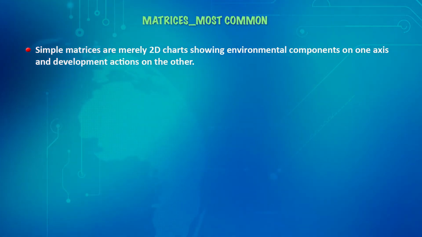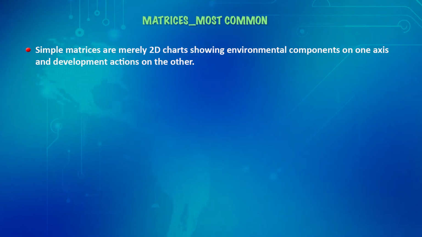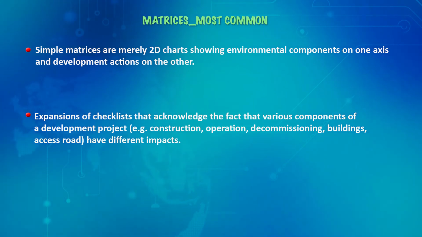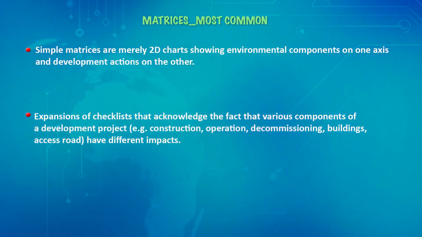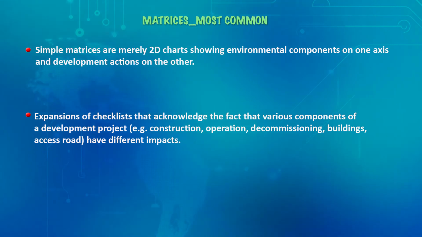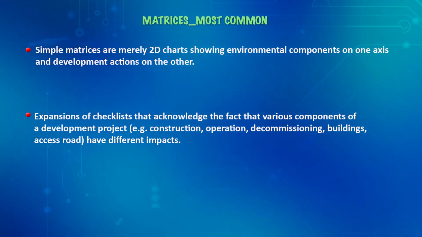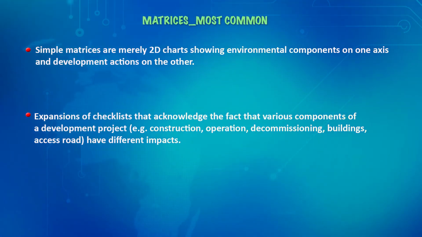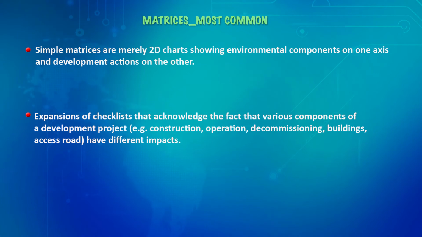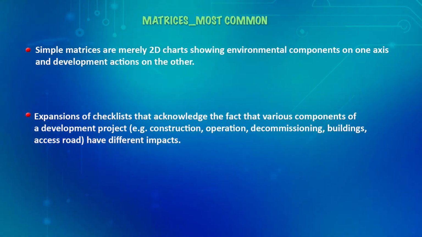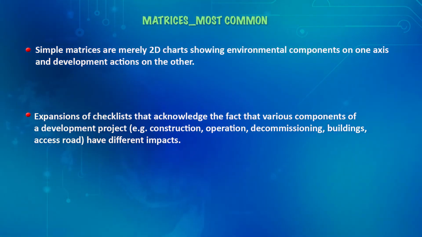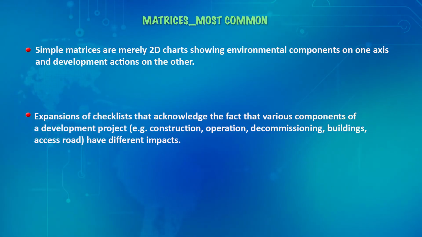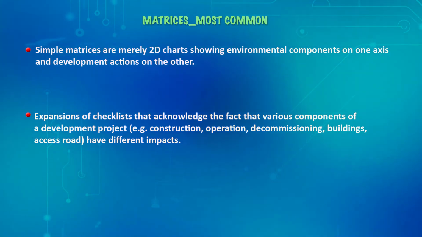It is a kind of improvement, an expansion of the checklist, that acknowledges the fact that various components of the development project, whether a construction activity, an operational activity, or decommissioning, every aspect of the development project will be factored in and placed on that axis, and definitely each and every component of the project will have its own impacts. Okay. So this is basically the simple matrix. It is basically a two-dimensional one.